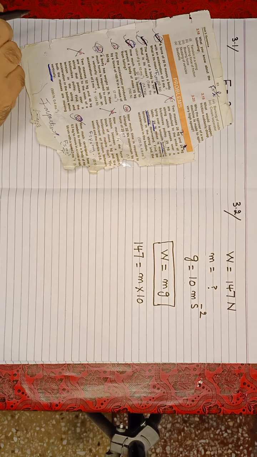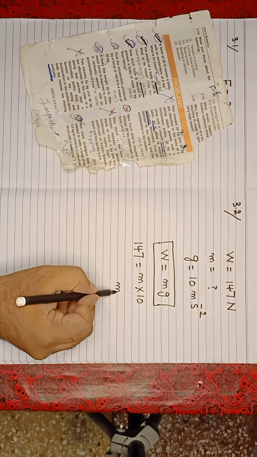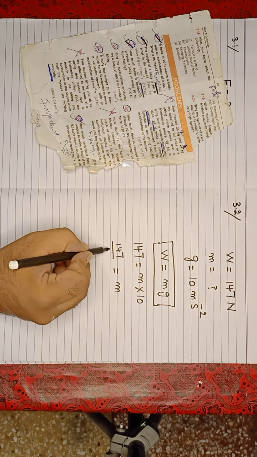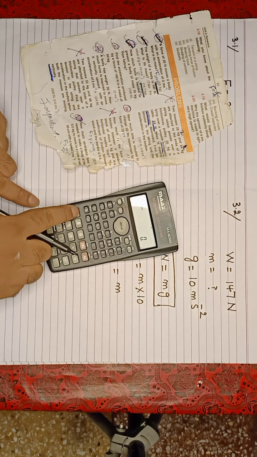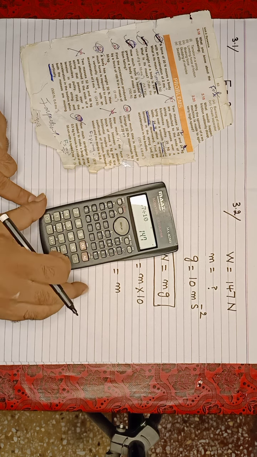When we bring 10 on left hand side, 10 will be divided. M is equal to 147 over 10. We may use calculator. 147 divided by 10 is equal to 14.7.